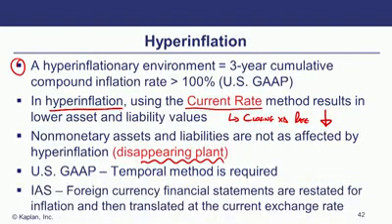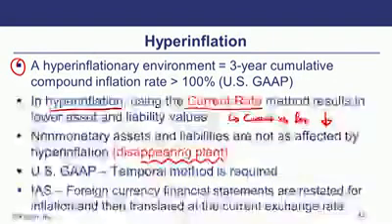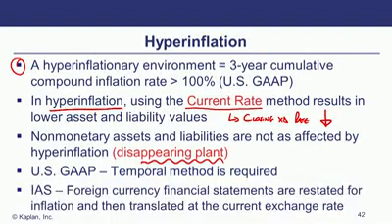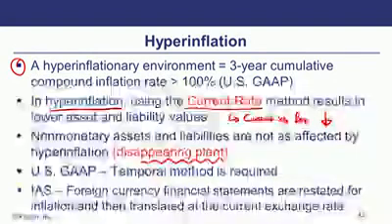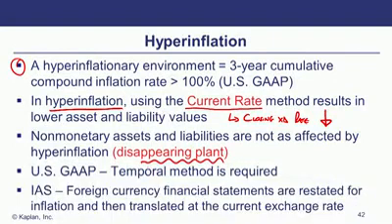Because whilst the exchange rate may be depreciating, inflation is meaning the fair value of your PP&E is increasing in the other direction. So actually, maybe in the reporting currency, we want the PP&E to remain roughly the same as it's been in the past. So notice, therefore, if you use the closing rate method in a hyperinflationary environment, you get the problem known as disappearing plant.